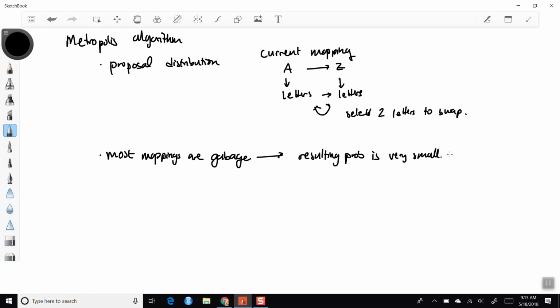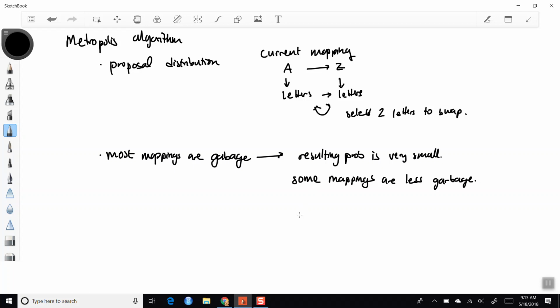But some mappings are going to be less garbage than others. So most mappings are garbage, and some mappings are less garbage.